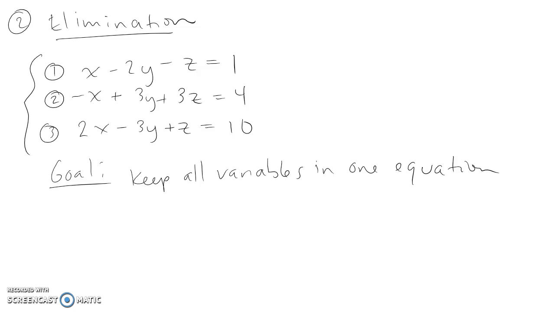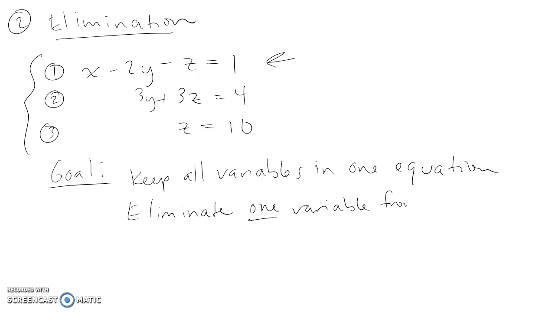Let me erase them again. I'm talking about the first equation here. It has all the variables. Then, notice in the second equation, all the variables but one are there. So we're going to eliminate one variable from another equation. It happens to also be the second equation here, but it doesn't have to be. We don't have to keep the variables in the first and get rid of them in the second. It can be any of them.